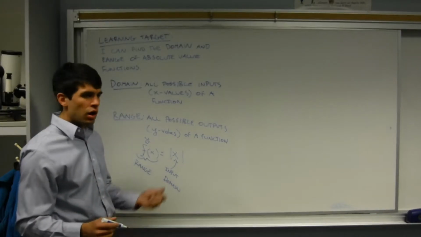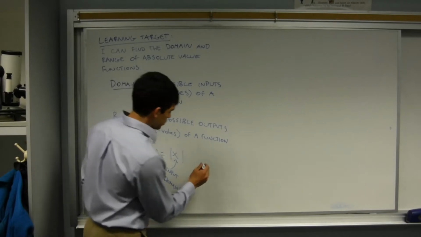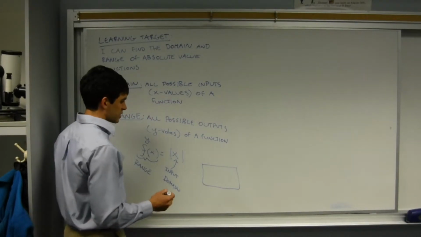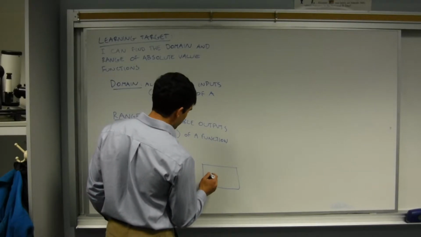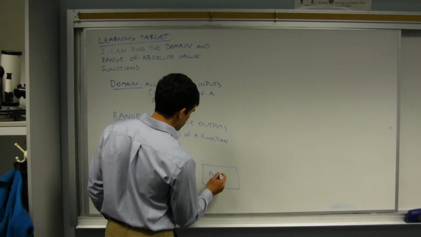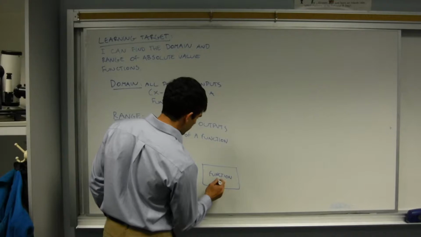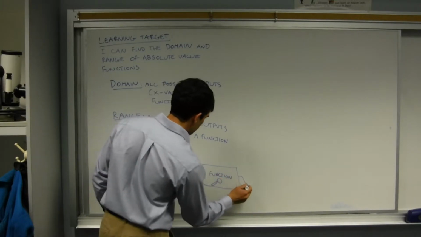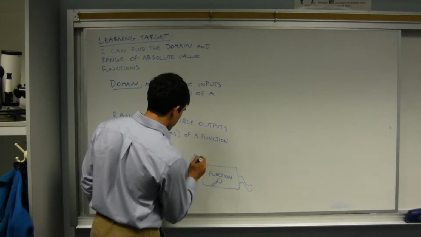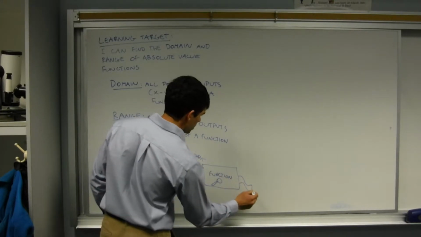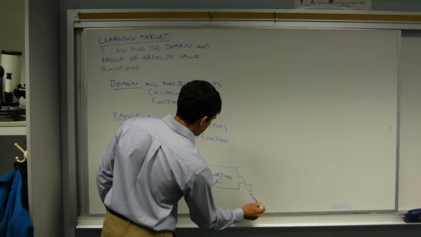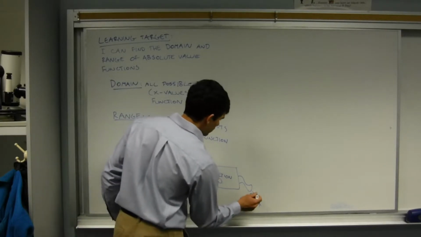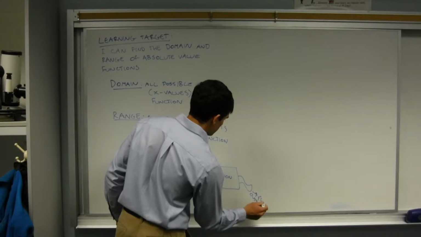So again, I'll throw it back to some imagery that we used last semester, where we think of the function as a machine. So there's our little function machine. And we have our input here and our output here. So we put x in, and out comes f of x.